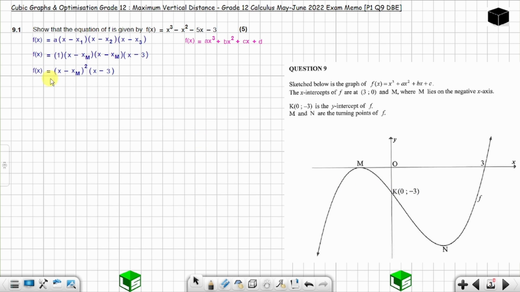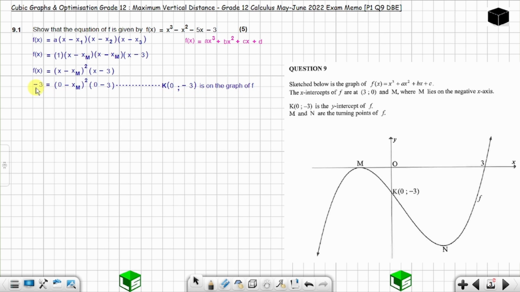So y is equal to negative 3. This is equal to, x is 0, so you have 0 minus xm, squared, times 0 minus 3. Okay, so we have used point k. K is a point on the graph of f.